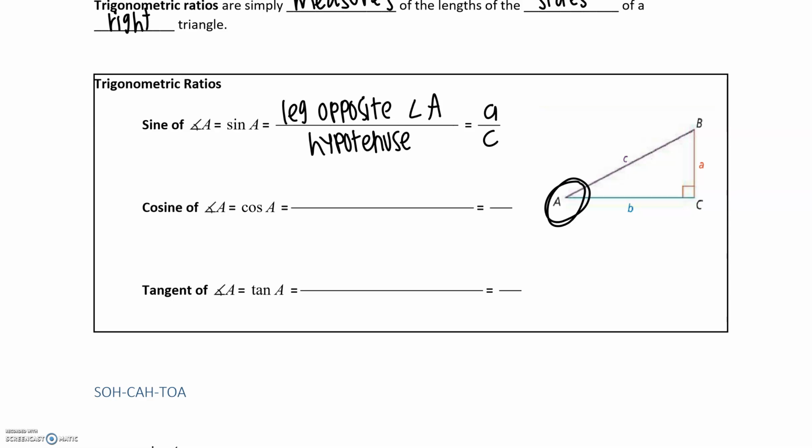Our cosine of angle A, or cosine A, is going to be the leg adjacent, we've used the word adjacent before, to angle A, over the hypotenuse.